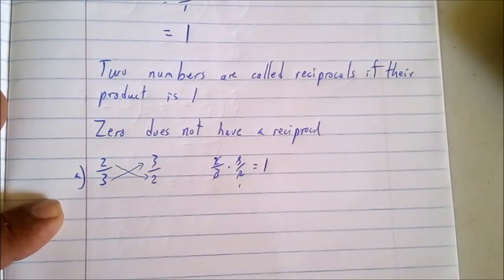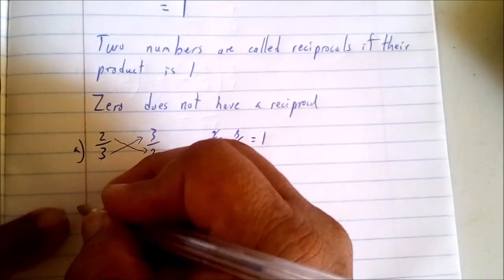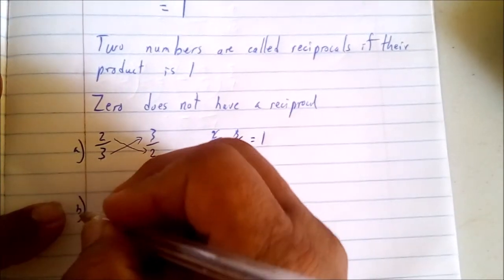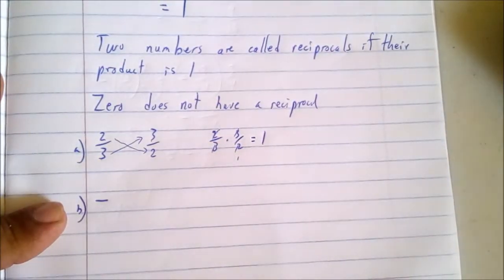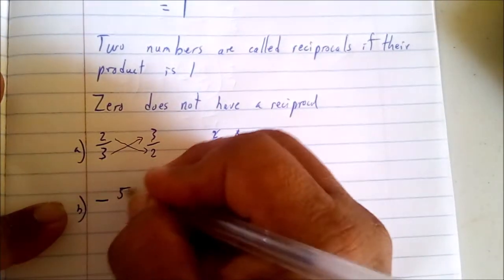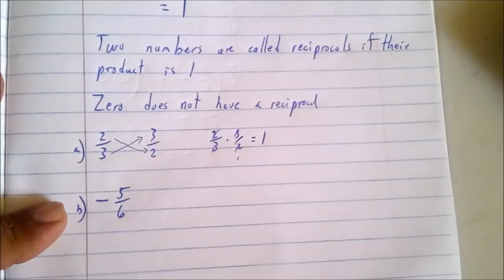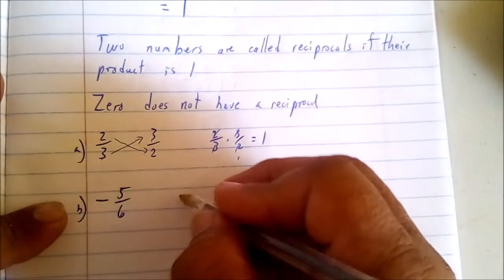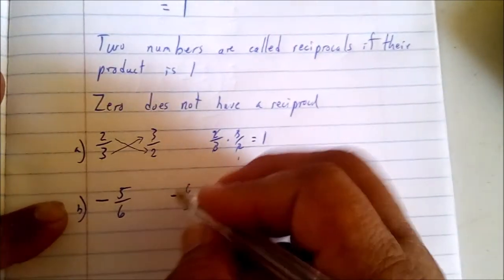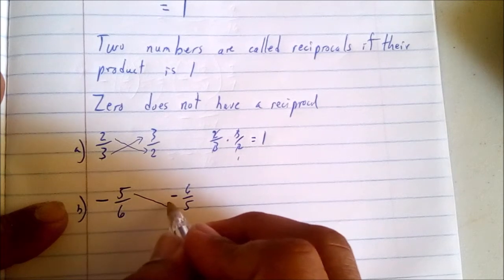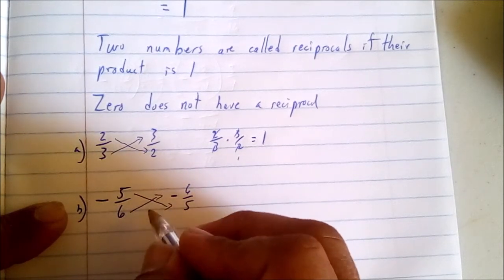Okay, another example deals with a negative value. Let's use negative 5/6. That's our fraction that we're going to be working with. It says invert, so it becomes negative 6/5. We need to invert everything, so this goes this way and this goes this way.